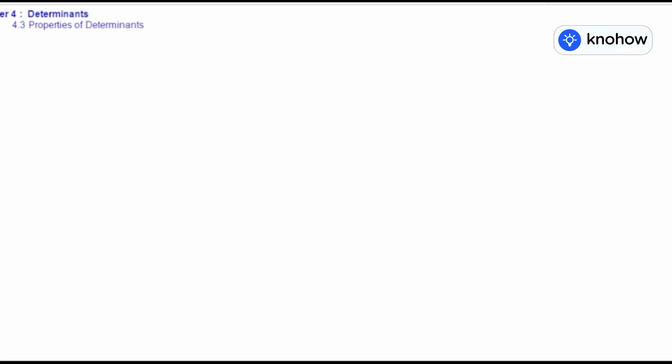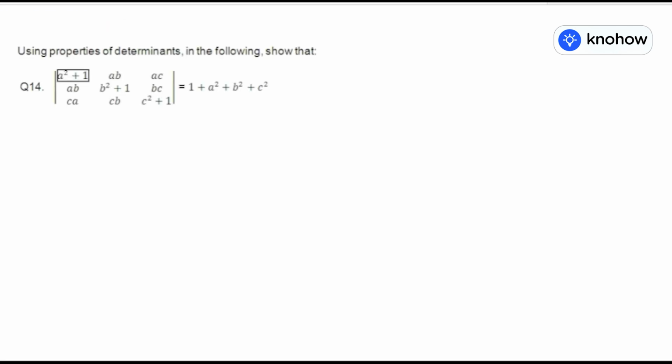If you look at this A11 element, a square plus 1 is there. So if somehow, by adding a multiple of column 2 and a multiple of column 3, you could get b square and c square. Here you already have ab. ab multiplied by what will make it b square? ab multiplied by b by a. a will cancel, you will get b square.